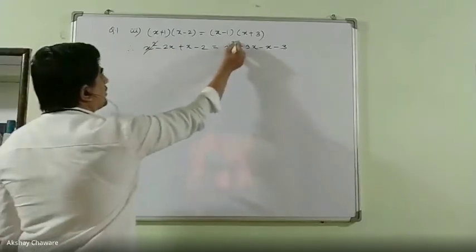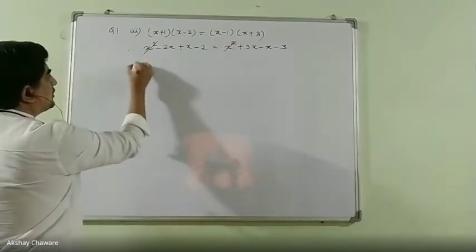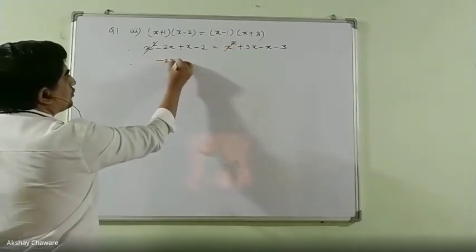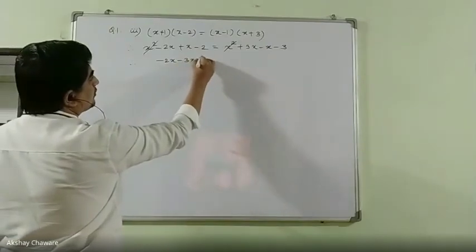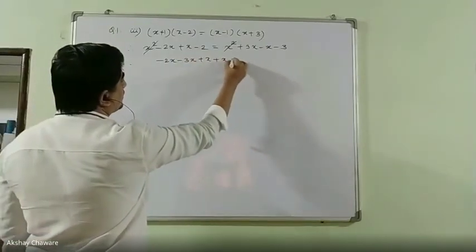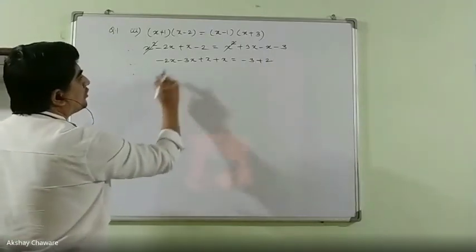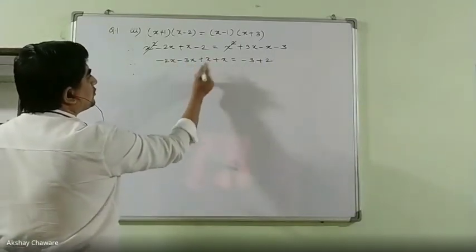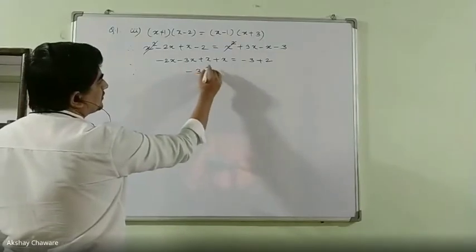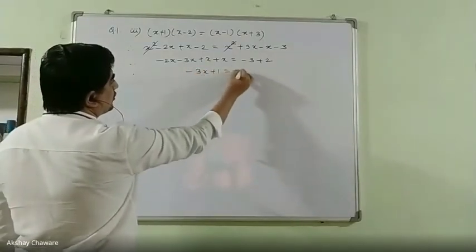Here x square cancels because of the same sign. So minus 2x minus 3x plus x equals minus 3 plus 2. Therefore minus 3x plus 1 equals 0.